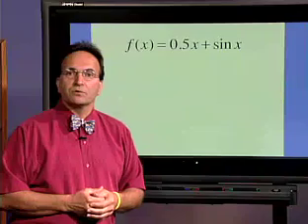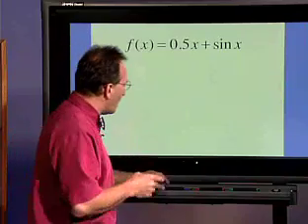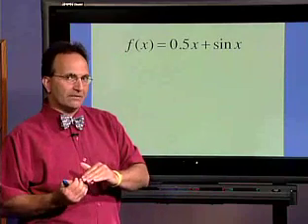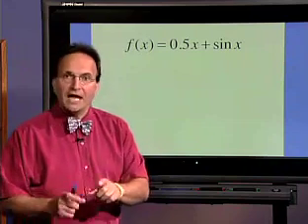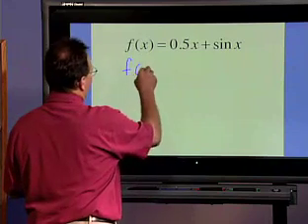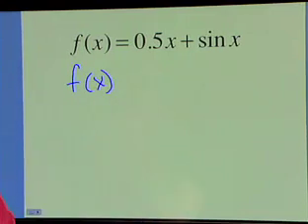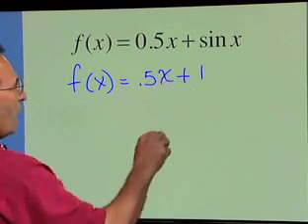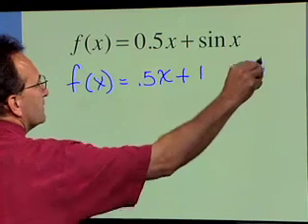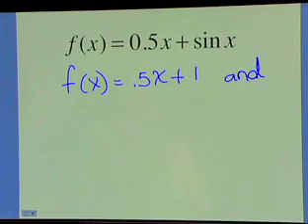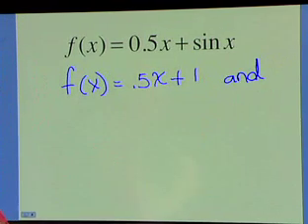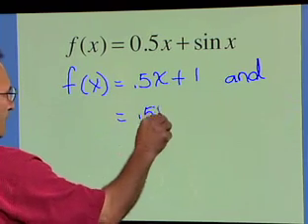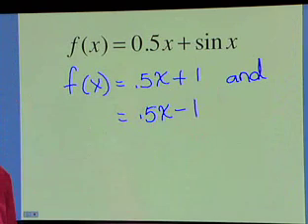We have f(x) = 0.5x + sin x. What we know is that sin x oscillates between 1 and negative 1. So f(x) would oscillate between 0.5x + 1 and 0.5x − 1, because that's where the sin x is oscillating between.